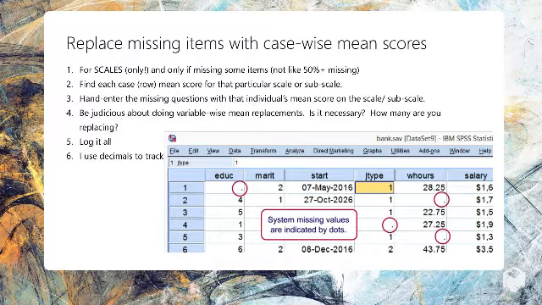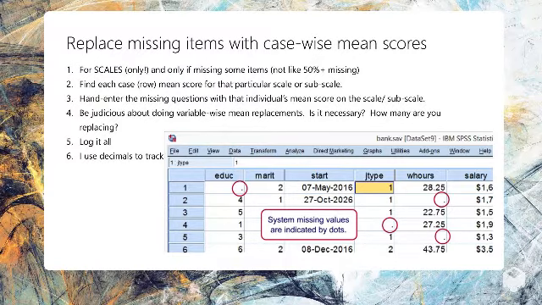Whatever you do with all of this, make sure you log what it is that you did. In a dissertation in particular, it's often required that you report how much data was missing and what you did with your missing data. So you would need to say something like, 7 cases were missing less than 10% of their answers on the forgiveness scale, and I replaced them with case-wise mean scores.